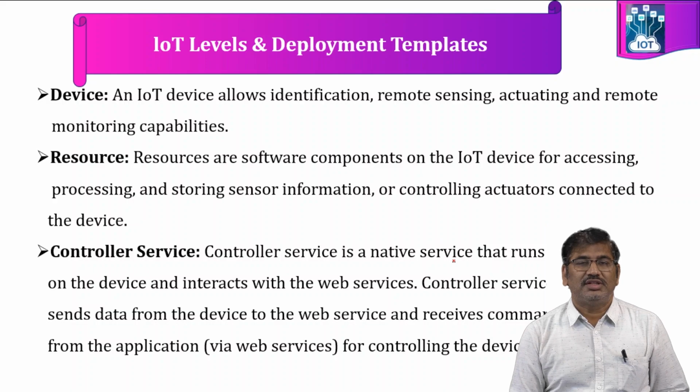Whereas the resources are the software components on the IoT device, for accessing, processing and storing the sensor data, and controlling the actuators depending upon the sensed data from the sensor connected to the device.